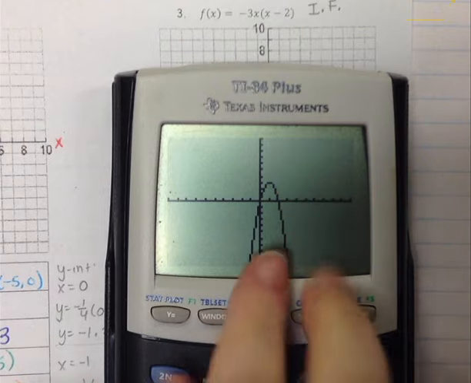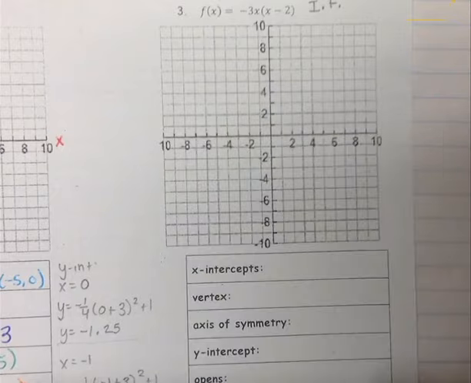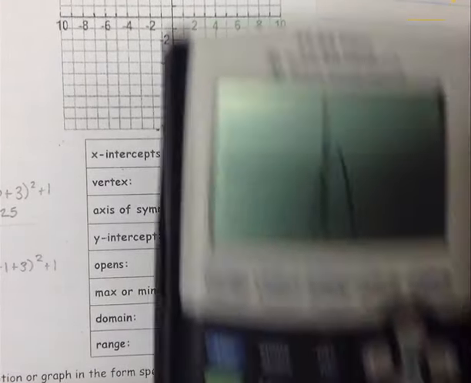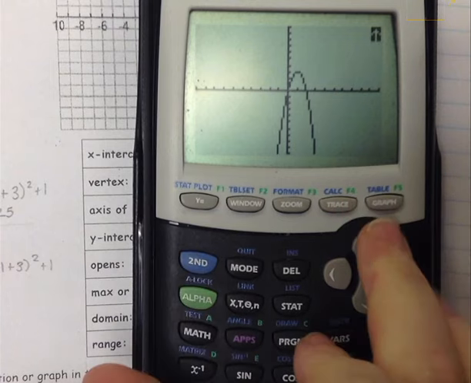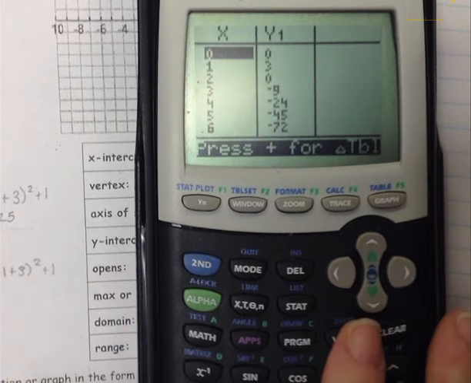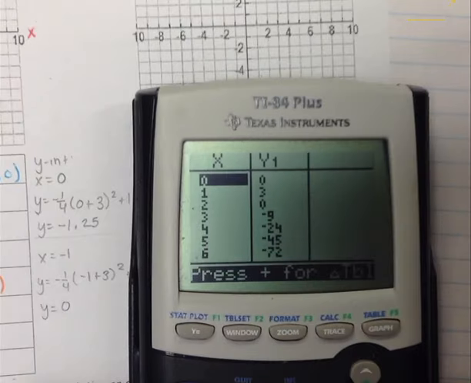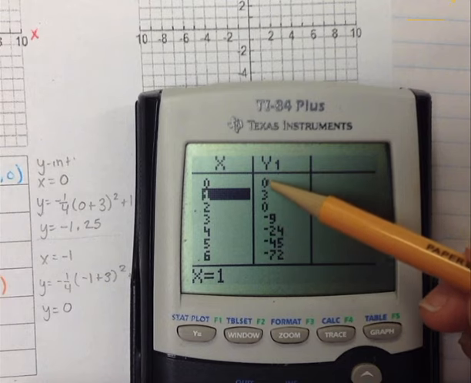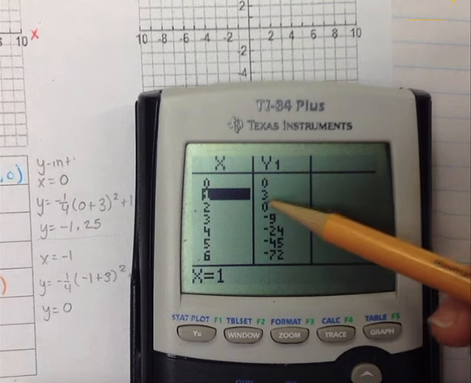So let's go to our table, because if you see, we're actually kind of looking for the tables of everything. Okay. Second table, and we thought that it was at maybe 1, 3, and this actually is at 1, 3. But you can tell that this will be our vertex because above and below that 3, these numbers are repeating.